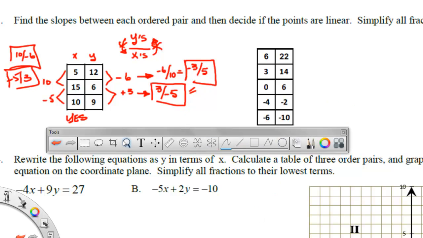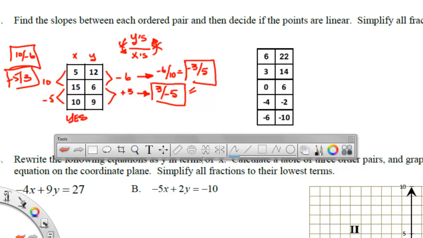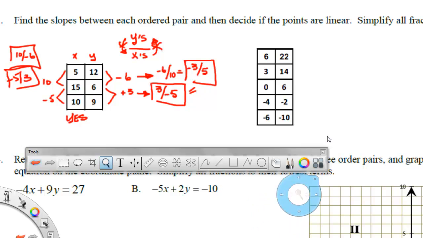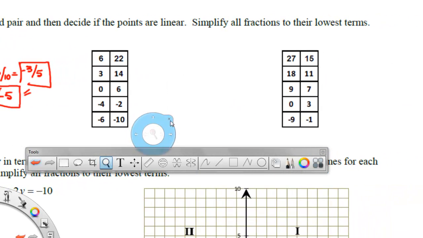Okay, let's go over to the next part of this. There we go. Let's move these over. Okay, I have 22.